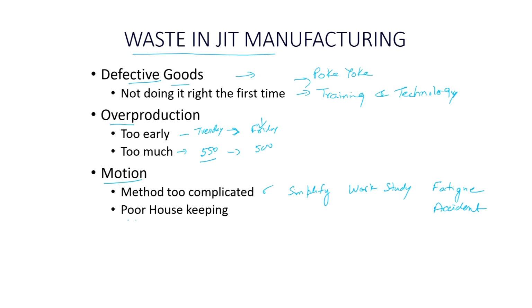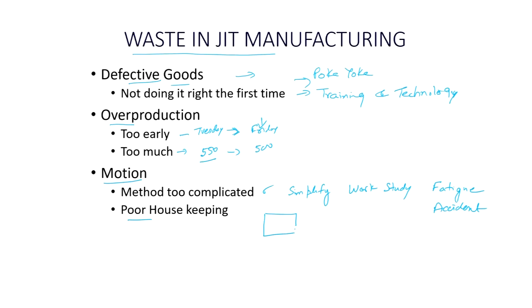Then housekeeping also. If there is poor housekeeping, the item is available, still you are not able to find it and you purchase it again. Or on the workstation itself, you have kept all the tools in a jumbled manner, and every time you need a tool, you have to search for it. The second option is well-placed pegs, where all the tools are kept nicely on a frame in front of you, so that any tool required you can easily pick up, rather than keeping them in a haphazard manner in a box.